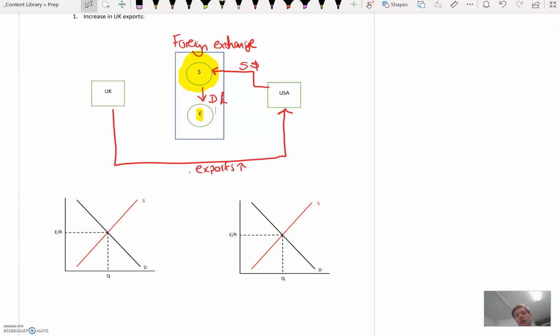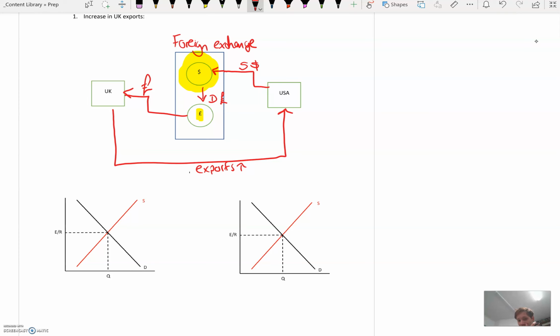Or you could put it another way, I have excess supply of dollars, and excess demand of pounds. What's going to happen is those pounds are going to come out and there's going to be an inflow into the UK of pounds. Which, if you're taking that further, the inflow of pounds into the UK as an export is a component of AD, shifting AD to the right, creating economic growth and demand pull inflation.